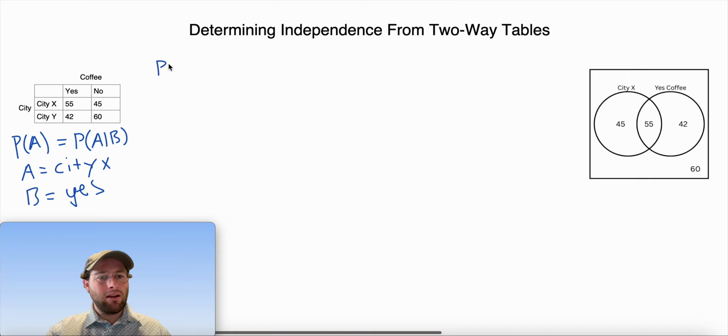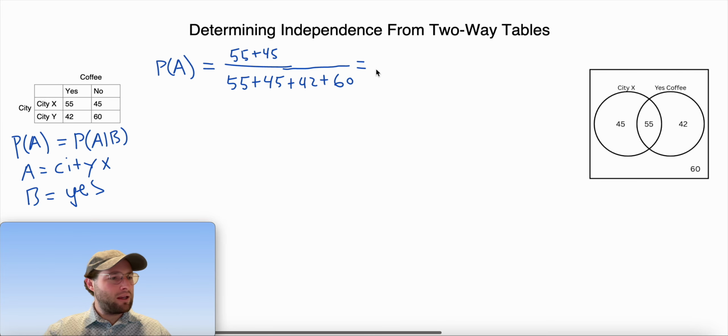P of A, the probability of living in city X, is the total number of people from the survey that lived in city X, so 55 plus 45, over the total number of people surveyed, which is 55 plus 45 plus 42 plus 60.